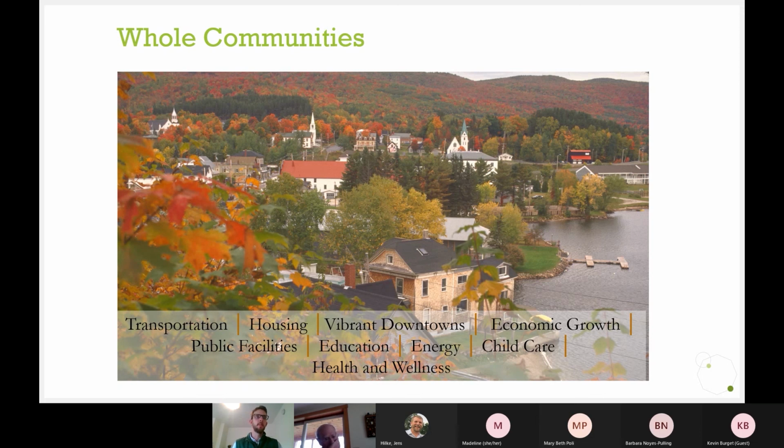And that means thinking about topics like transportation, housing, cultivating a vibrant downtown with growth, having public facilities and educational opportunities. There's just a host of things that towns need to deal with. And as the Conservation Commission, you can bring a really important perspective to many of those issues and really contribute to these larger questions of how do you keep a community healthy and vital.